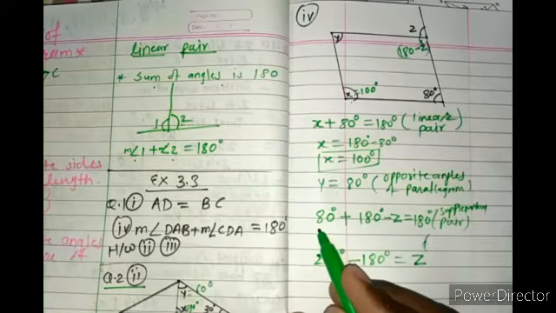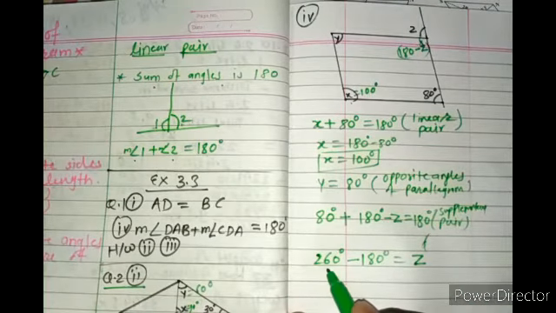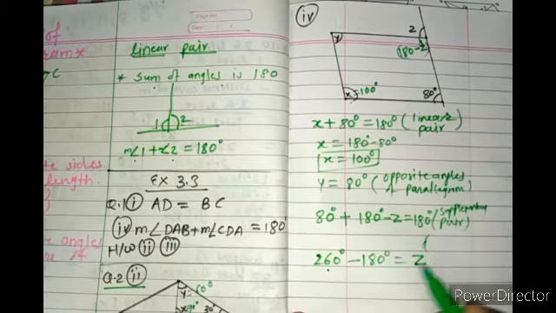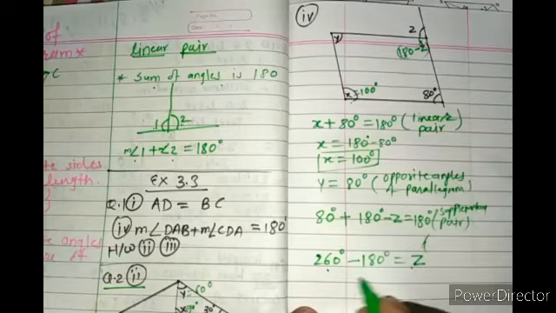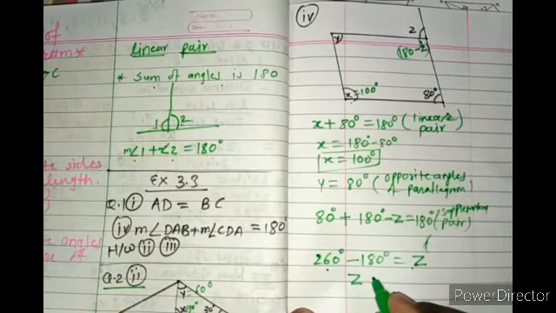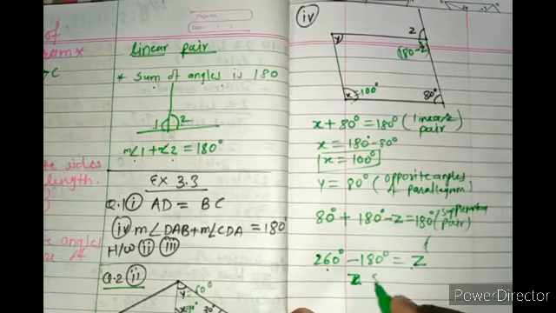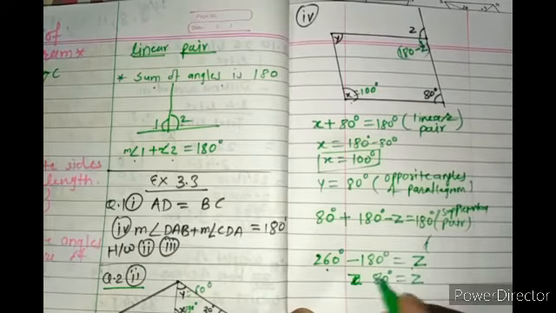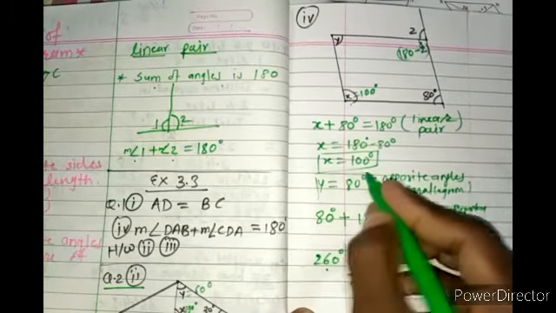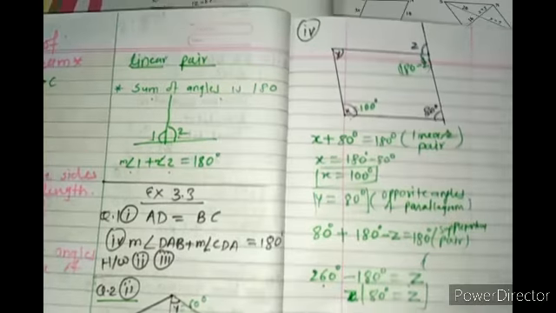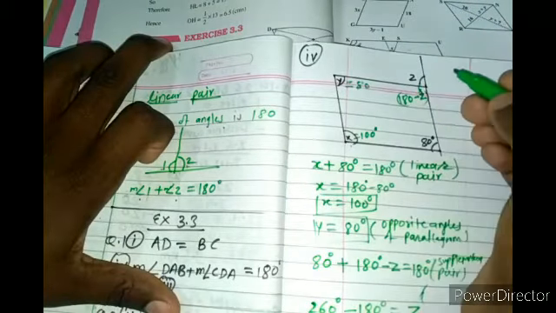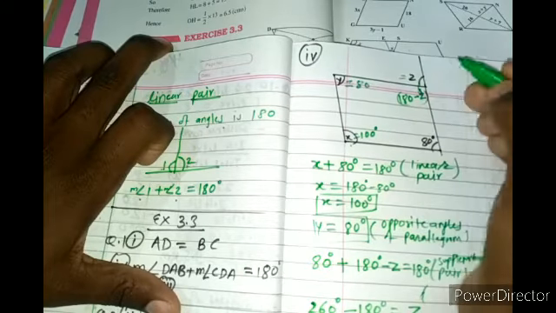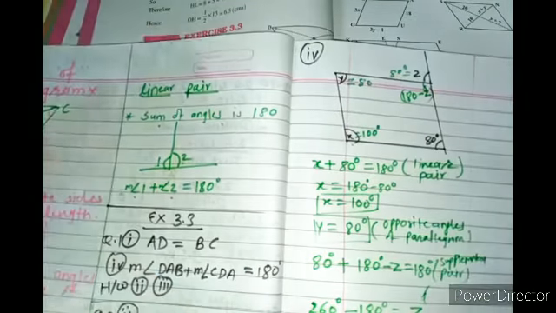We have taken sum of that 260 degree, and we have shifted z on right hand side, so it is plus, and 180 degree on left hand side, so minus. So what is the value of z? So value of z is 80 degree. In this way we have found the three angles. Y is 80, z is also 80 degree.